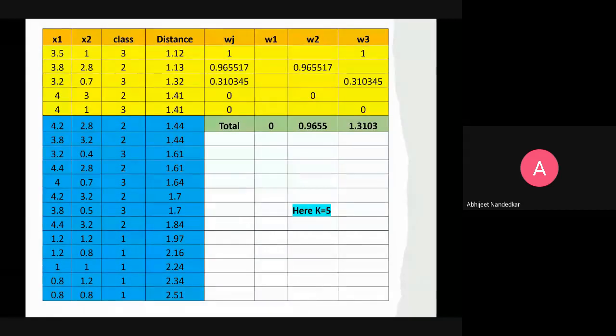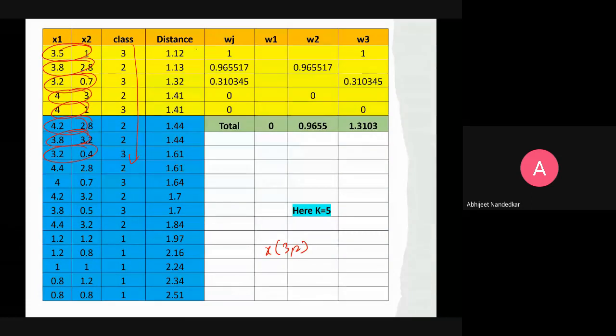So I have calculated distances with each of these prototypes with respect to the test sample 3, 2. These are our prototypes belonging to different classes.